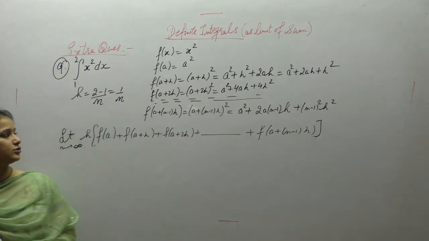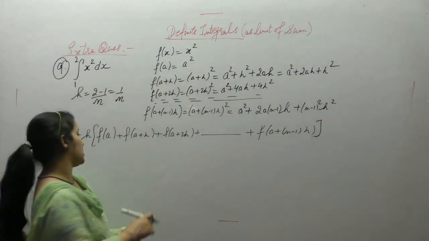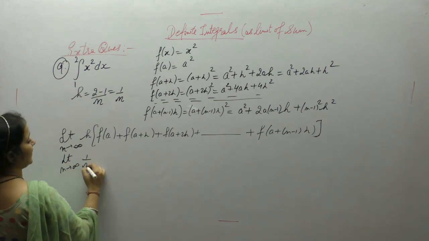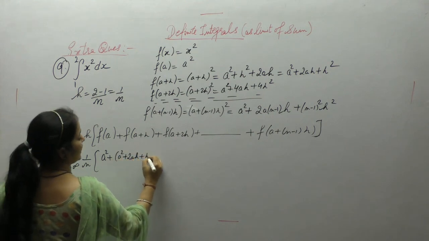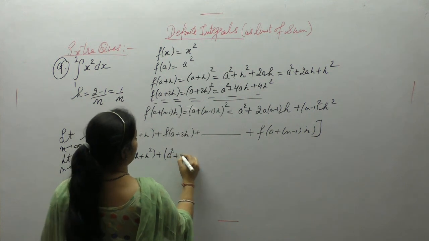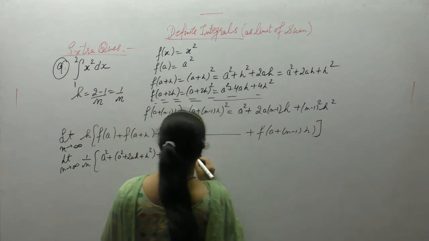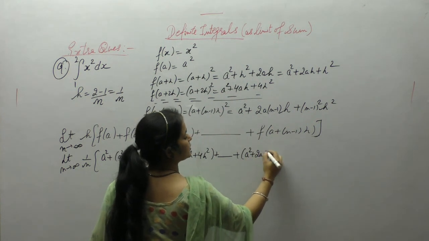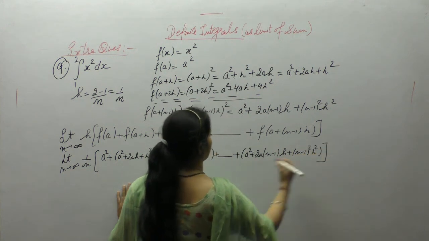After finding the values of f of a plus h, and so on up to a plus n minus 1 into h, put these values in the given formula. Limit n tends to infinity, h is 1 by n, f of a is a square, plus 2ah plus h square, a square plus 4ah plus 4h square, and so on up to a square plus 2a n minus 1 into h plus n minus 1 square h square.